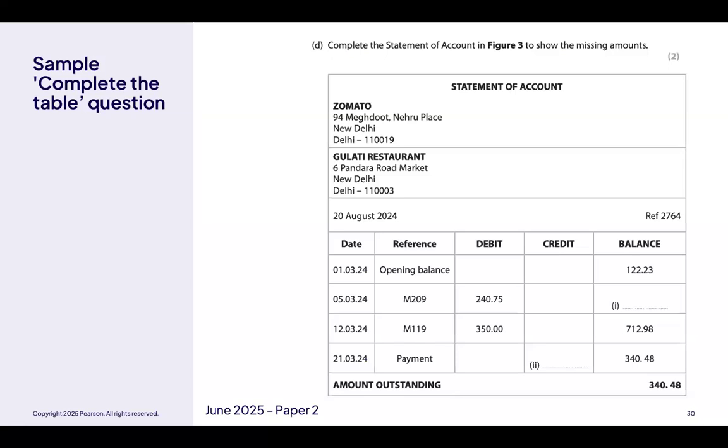And here it is. That's the question. Complete the statement of account in figure 3 to show the missing amounts. And you can see in the table, you can see the dotty 1 and the dotty 2. That's where the student will actually put their answer.